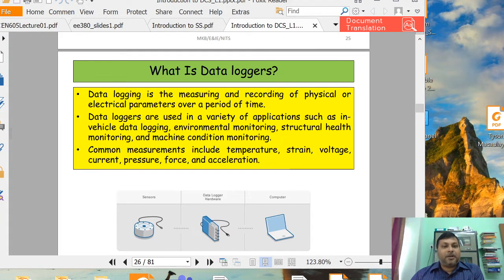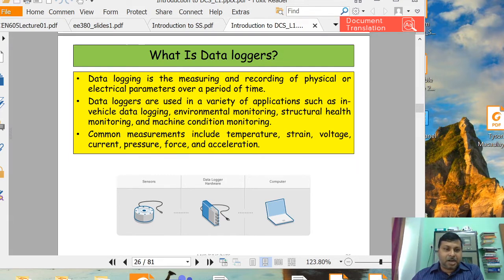So what is the use of data loggers? Data loggers are used in a variety of applications, such as vehicle data logging, environmental monitoring, structural health monitoring and machine condition monitoring. Common measurements include temperature, strain, voltage, current, pressure and acceleration. So there must be a sensor and some data logging hardware used to interface with the computer, and you store whatever you measure as well as record.